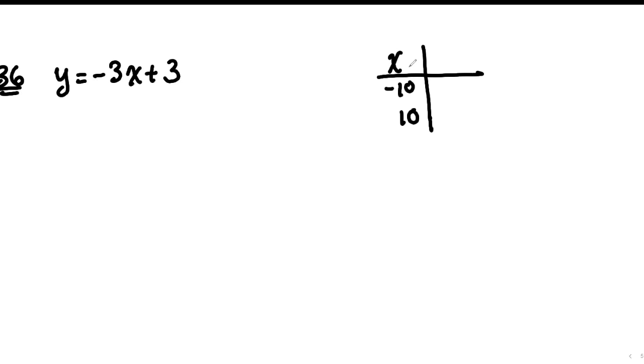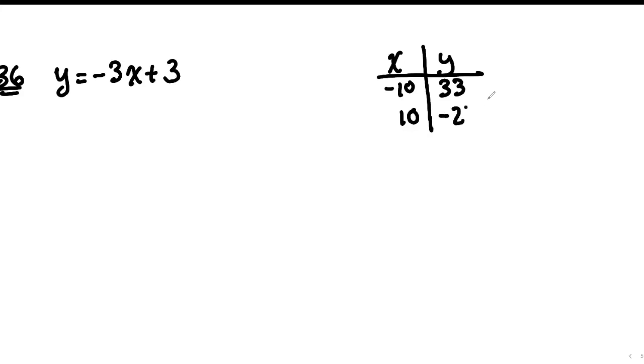So when X is equal to -10, we substitute -10 every time we see an X, we can actually solve for Y. -10 times -3 is a positive 30, plus 3 gives me 33. And then X is equal to 10 times a -3, -30 plus 3 gives me a -27.